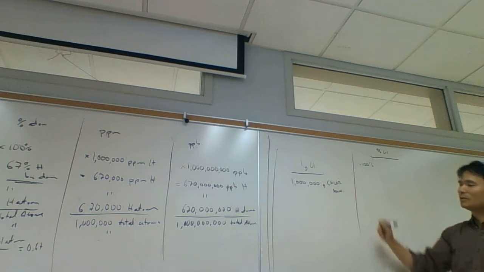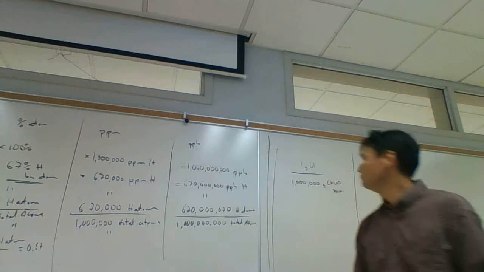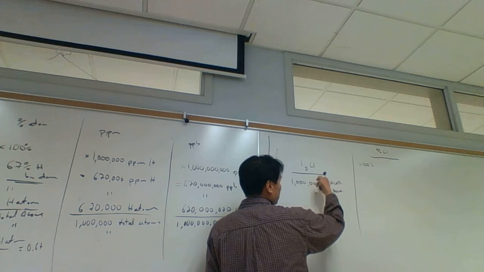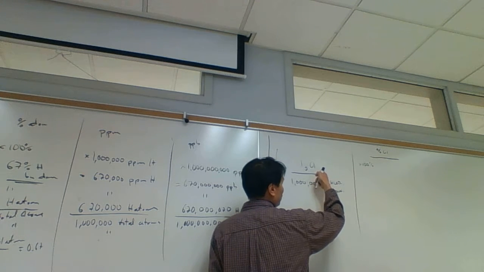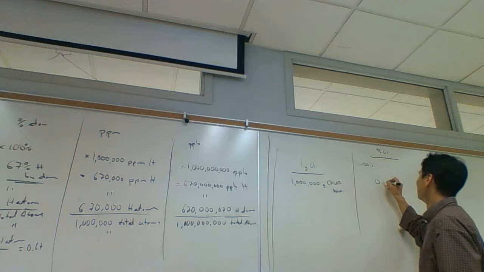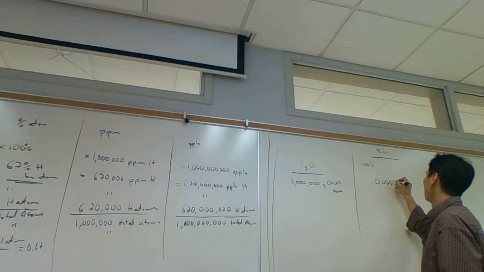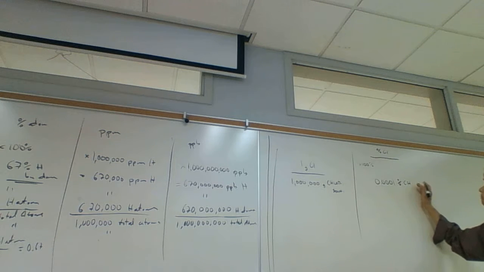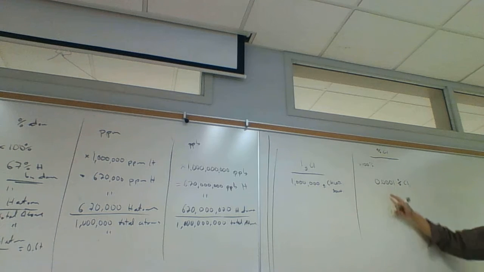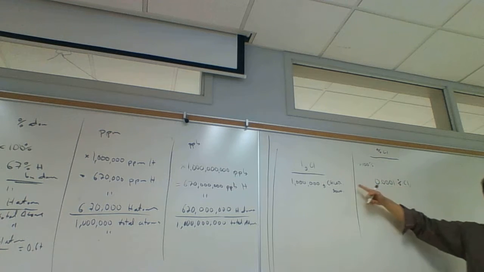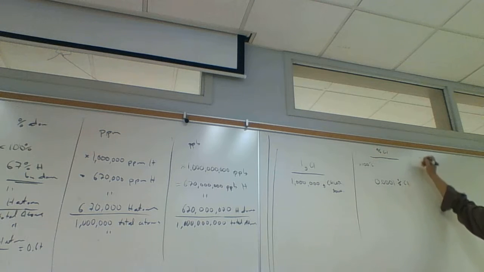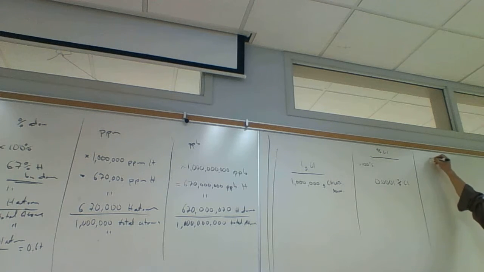So that's 10 squared, this is 10 to the 6. This would be 10 to the minus 4. And so it would be 0.0001% chlorine. And so 0.0001% chlorine is the same thing as 1 part per million.